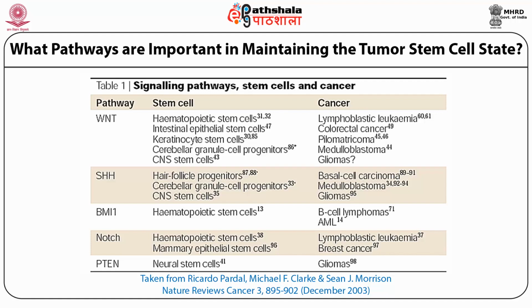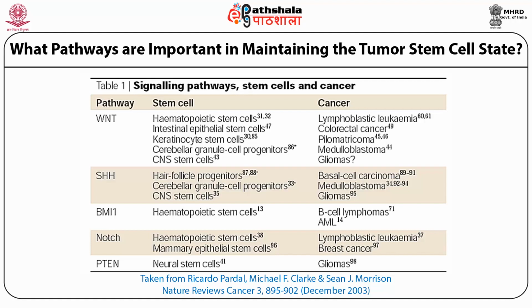This table here shows the important pathways which are important in maintaining both the stemness as well as the cancer stem cell property. And these pathways include the Wnt signaling, the BMI1 signaling, the Notch signaling, the sonic hedgehog, etc.